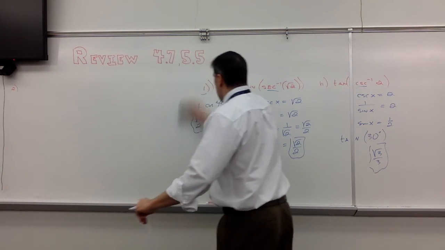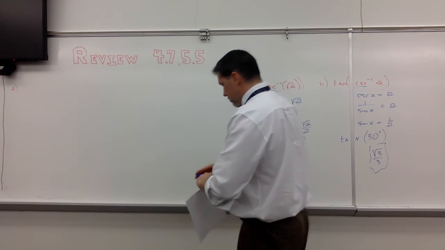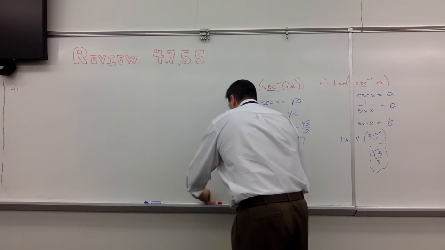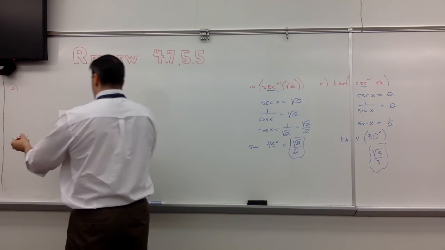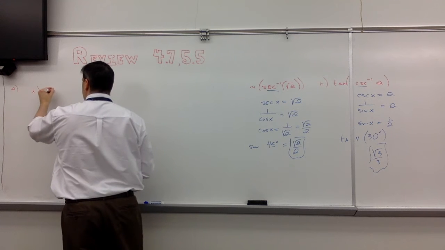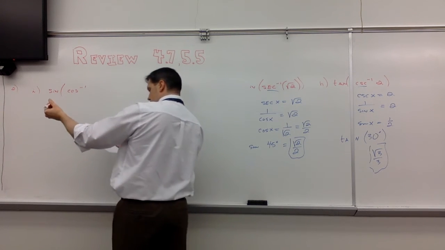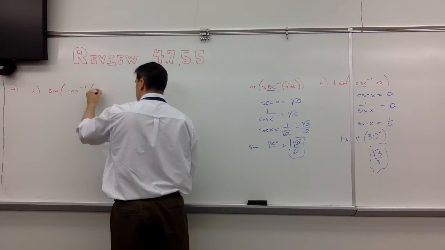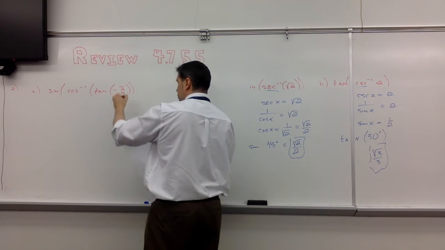All right, we have to H, I, J. Let's see, I. Ooh, that looks like a nice one. Got a triple composition. You got the sine of the cosine inverse of the tangent of negative pi over 4.